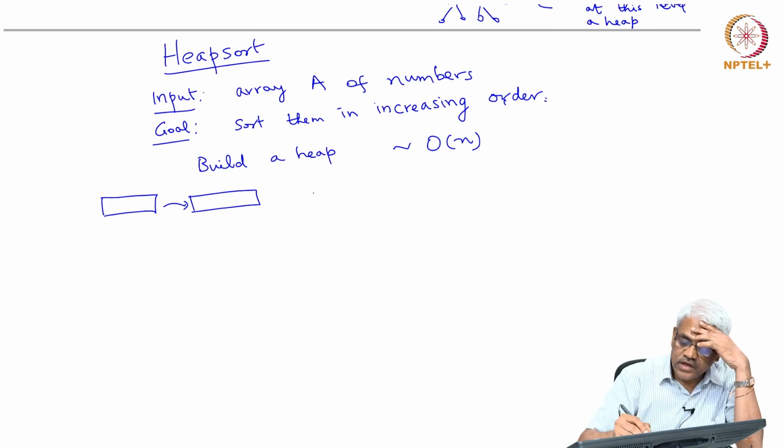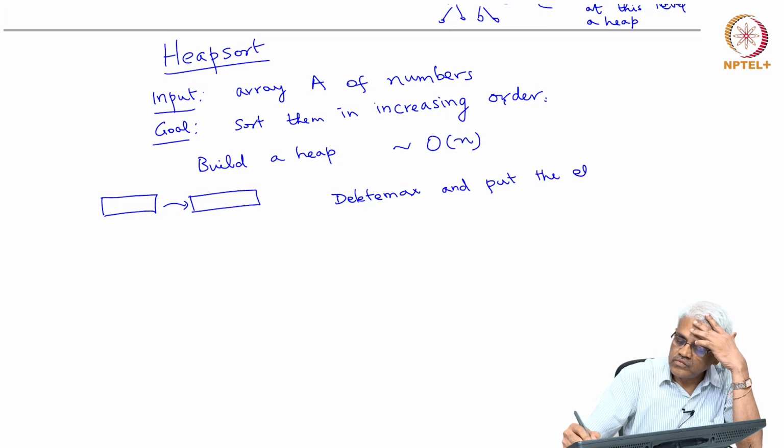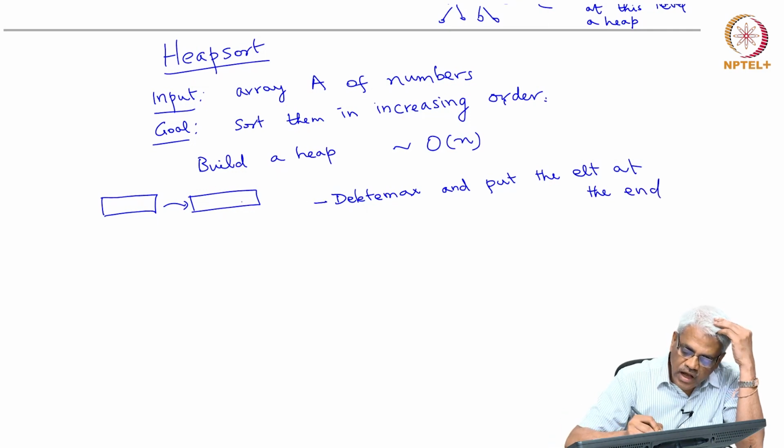Now in this I will do a delete max, and put the element at the end. And recall what happens is that the max is at the beginning, so this will be removed, some new element is going to come, and I am going to put the max here.